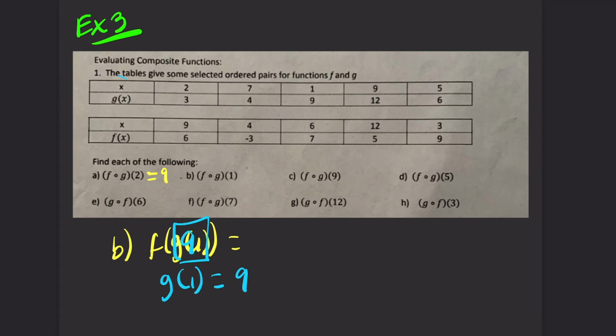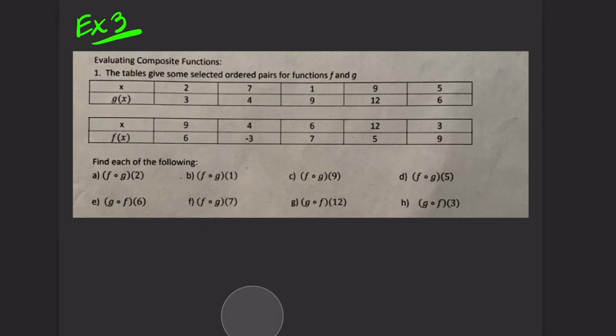So now we are doing f of 9. So we're looking for the y value whenever x is 9. We're looking at f of x. The x value is 9 again. So whenever x is 9, the y value is 6, making our answer of f of g of 1 6.